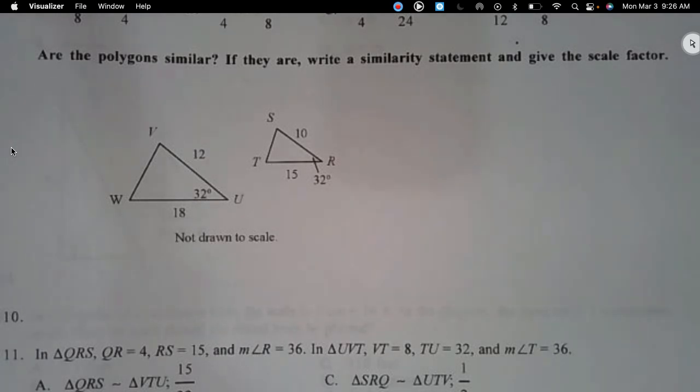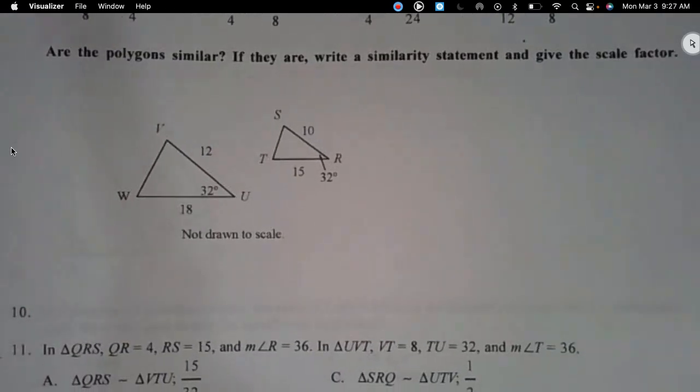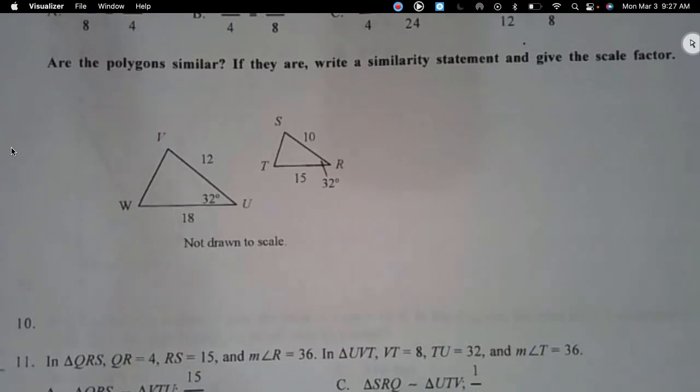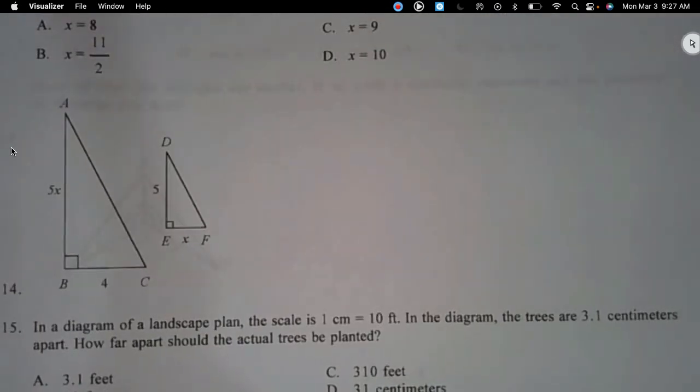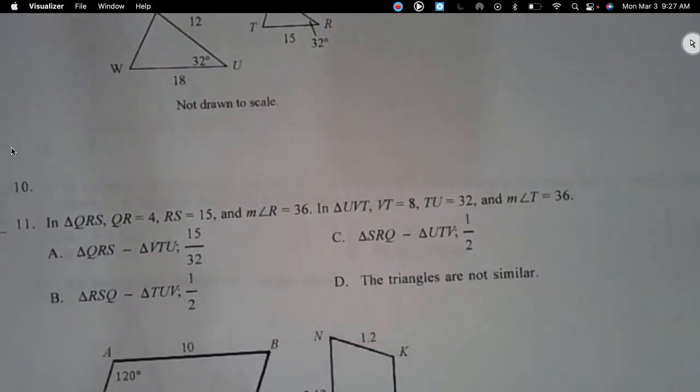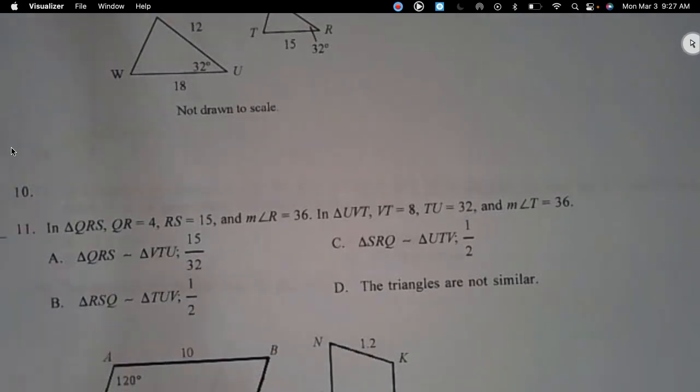All right, number 11, that's not on there, so I'm going to go to number 12. What is my next one? I think I do want number 12.